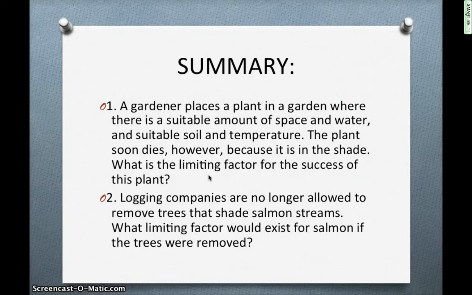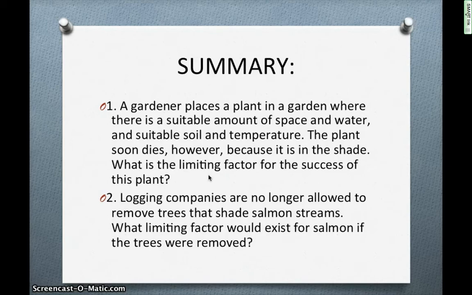Number 2, logging companies are no longer allowed to remove trees that shade salmon streams. What limiting factor would exist for salmon if the trees were removed? So salmon are a fish, if you're not sure, and shading the streams allows them to survive.